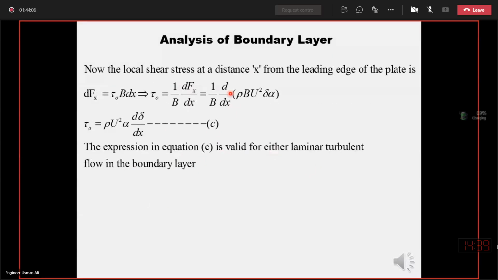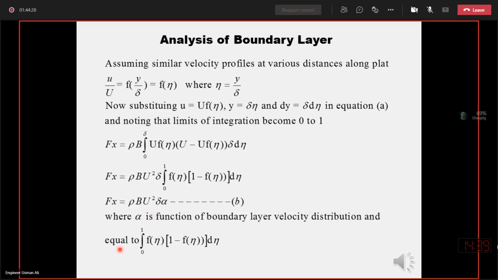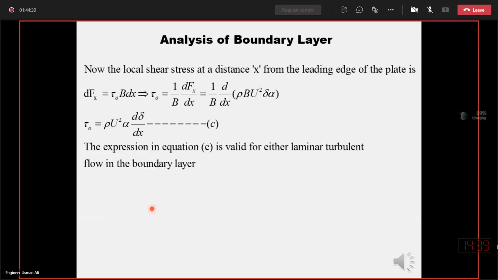Now the local shear stress at a distance x from the leading edge of the plate is, so local shear stress, that is differential of Fx, differential local shear force actually, that is tau naught into b into dx. So tau naught will be 1 over b into dFx over dx, or putting the value of Fx from equation b, tau naught will be 1 over b into d of rho b u square del into alpha over dx.